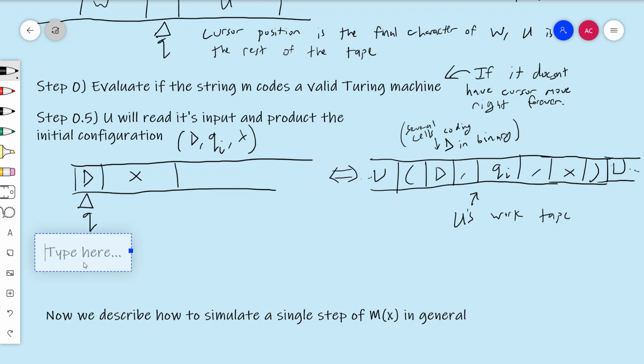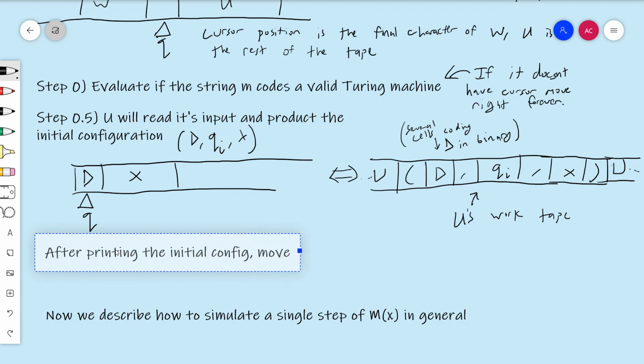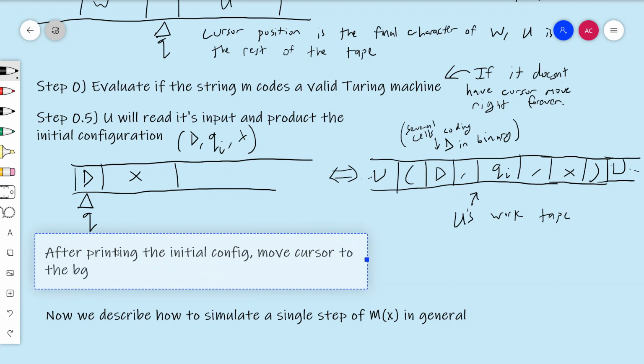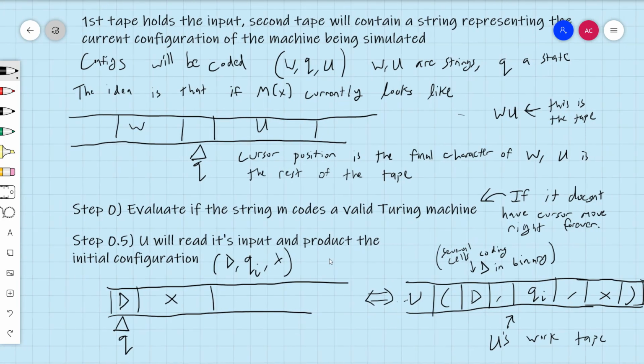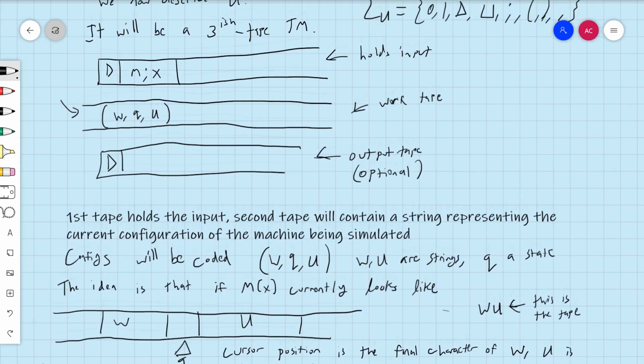After printing this guy here, the initial configuration, move the cursor to the beginning, to the first parentheses. So move this cursor to the first parentheses, and this one to the left. Maybe I'll just draw it. It's kind of hard to say.